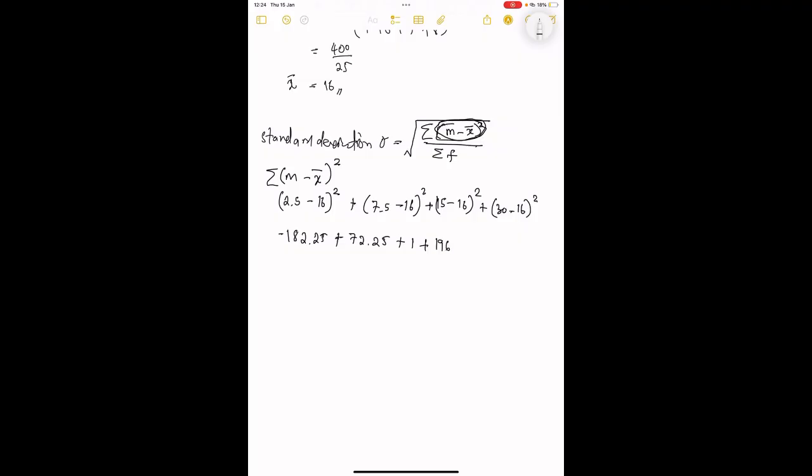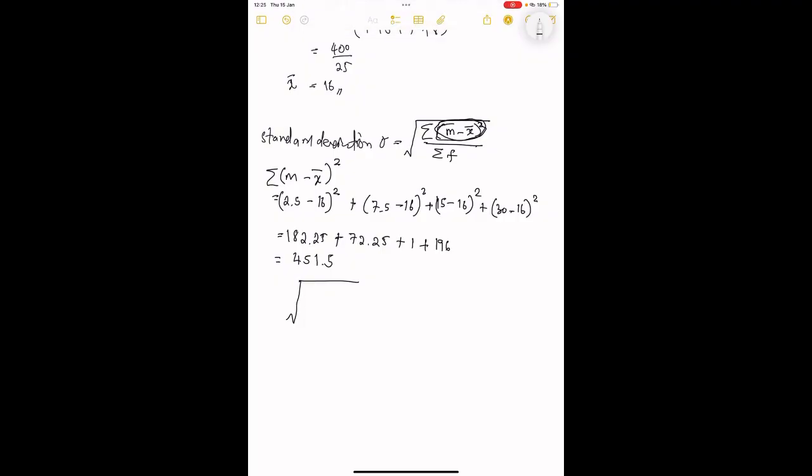You add all of these: 196 plus 1 plus 72.25 plus 182.25, 451.5. So now we can substitute this into the formula.